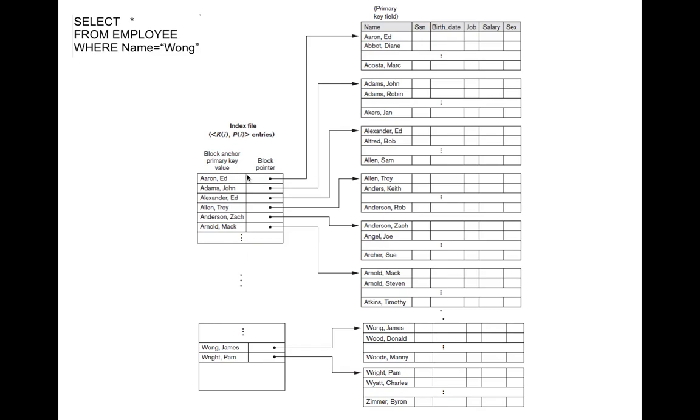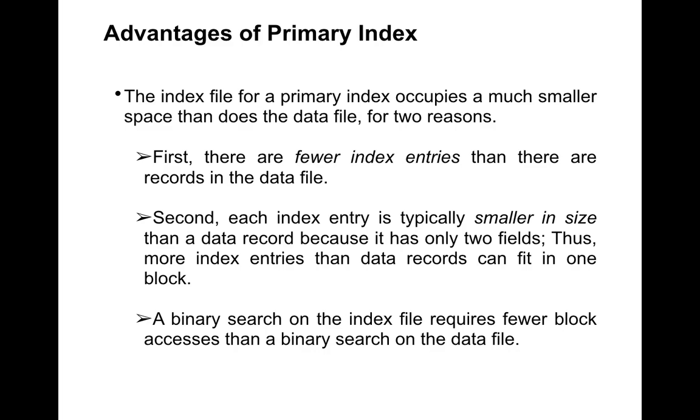So more index entries can be accommodated in a single block. So performing a binary search over the index entries is much faster when compared to performing a binary search over all the records. So those are the advantages the primary index has. You can read all this in the notes that have been provided to you.